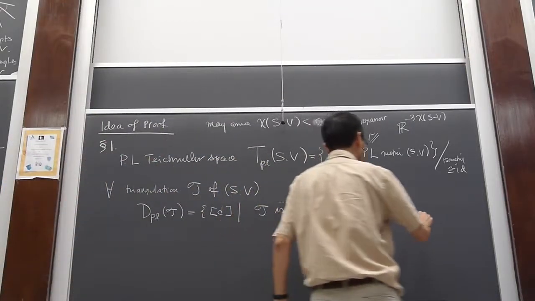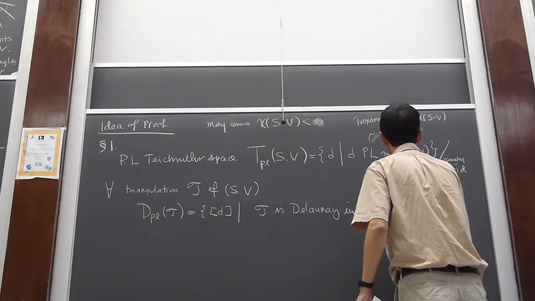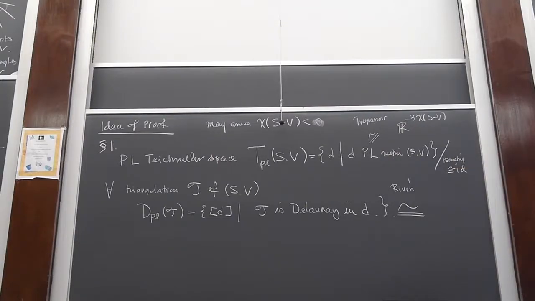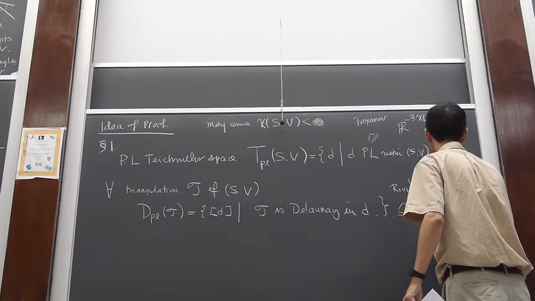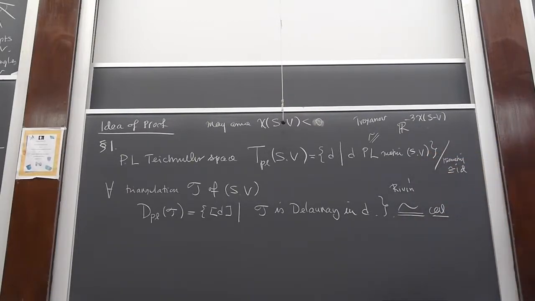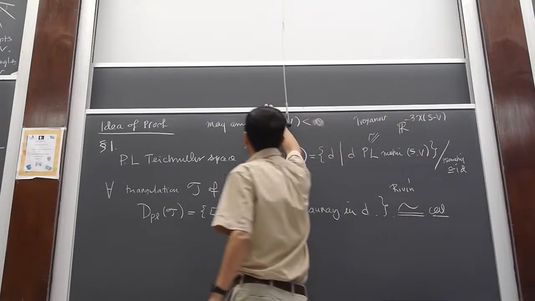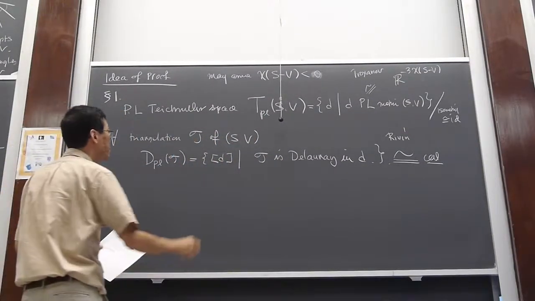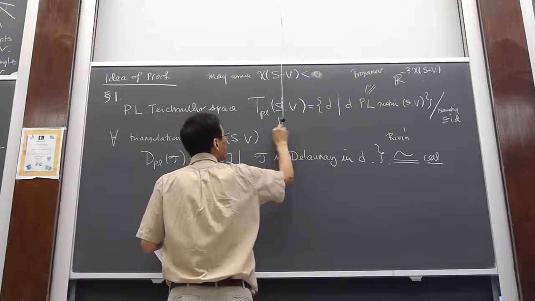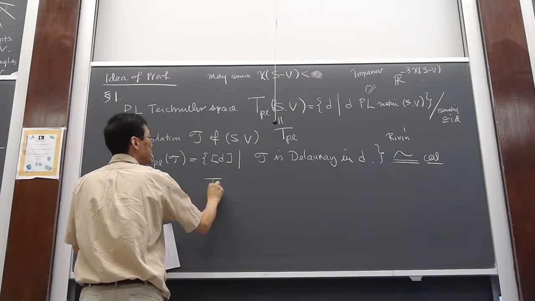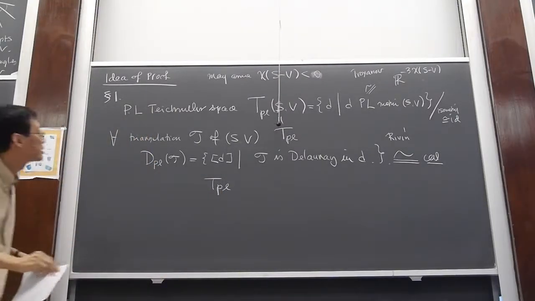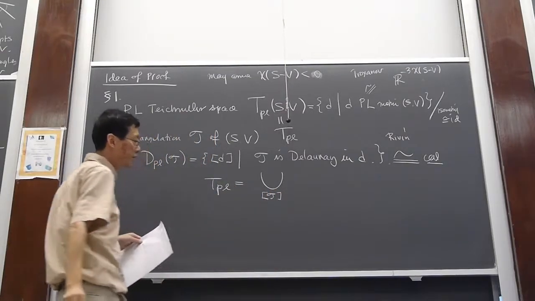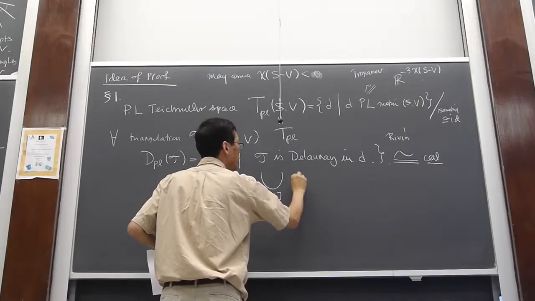Now, here is a wonderful theorem by Igor Rivin, which says that this is a cell. It's a cell of the same dimension as that. So what we have, and I'm going to abbreviate it as the Teichmüller space of piecewise linear metrics, is that this piecewise linear Teichmüller space is really now a union of the D_PL over all homotopy classes of triangulations.